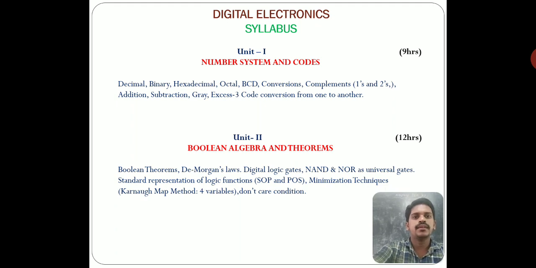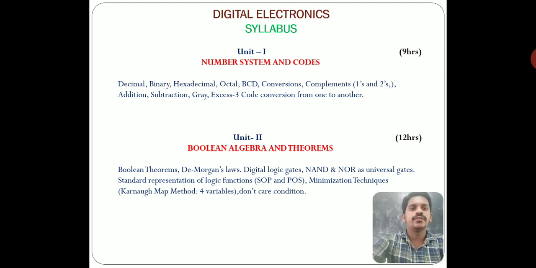They are the decimal, binary, hexadecimal and octal number systems. And BCD code, gray code, XS3 code are the different types of codes. We have learned about binary addition and binary subtraction of the number systems.